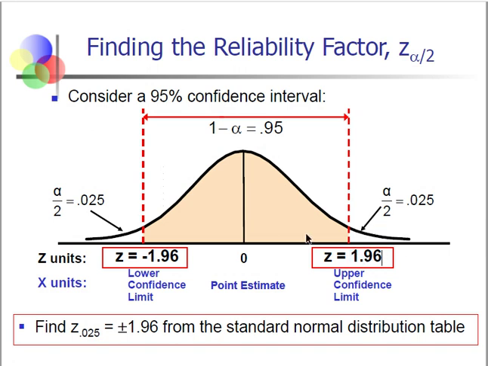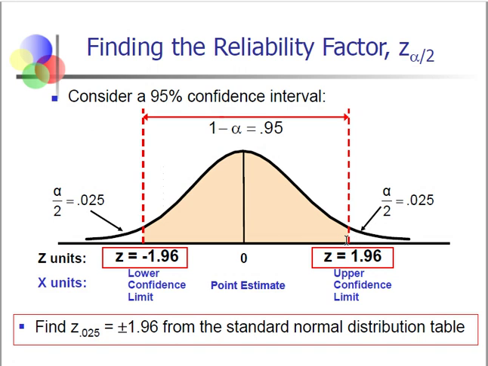Remember, from our table, we're finding the probability when we've been given the Z value. But in this case, we're looking for the Z value when we have the probability. So you can go on your tables and look for the probability. Your table reads the values on the left, so if you're looking for this probability on the right, it is 1 minus 0.025, which is 0.975.